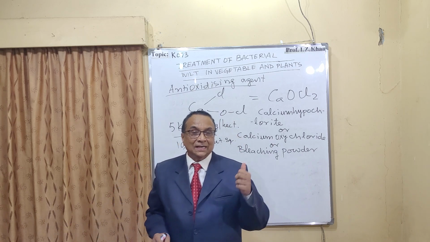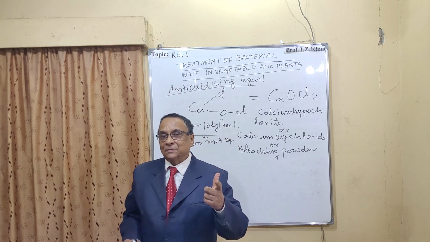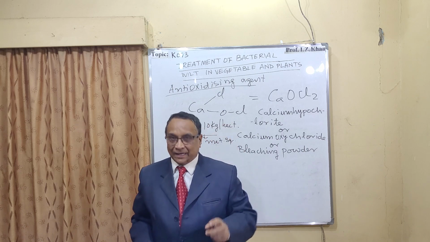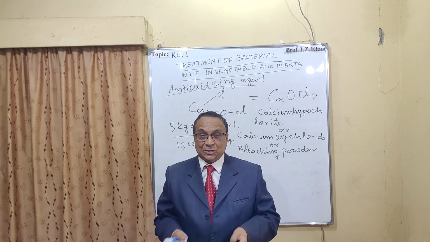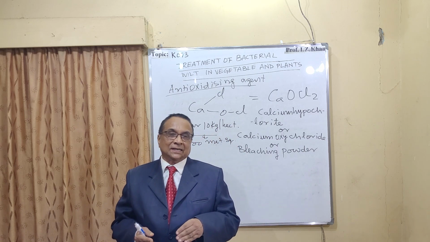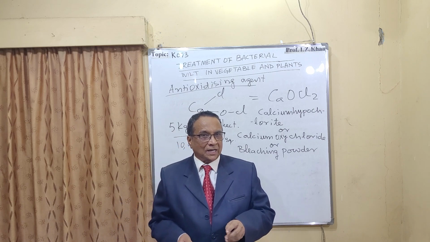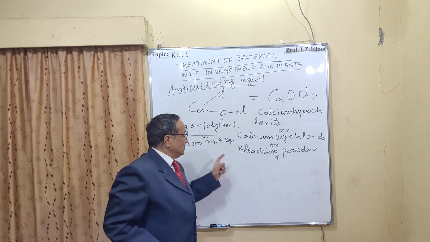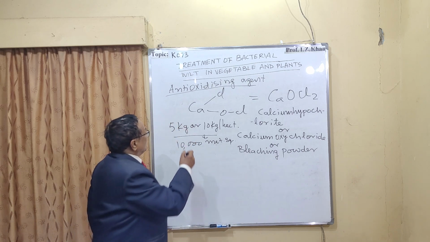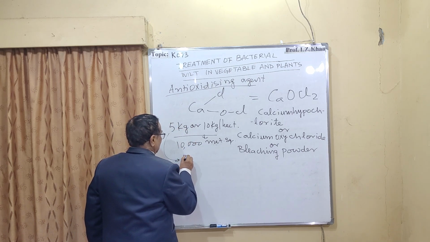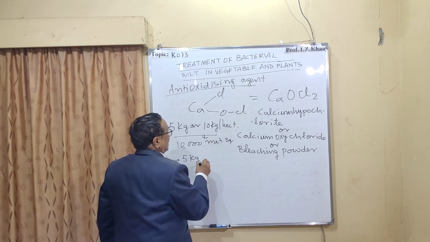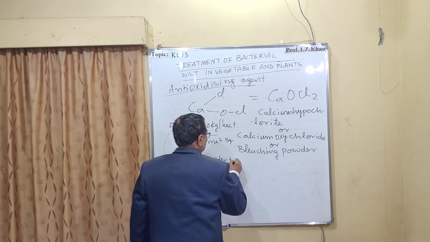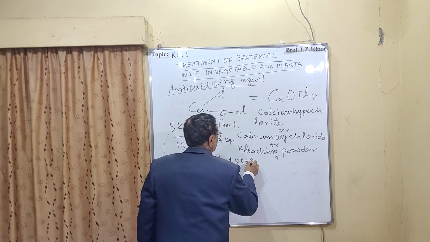You take 5 kilograms of powder and some soil from the same field, because if you spray the powder alone, sometimes it may escape into the air like fly ash. To make sure all the bleaching powder goes to the soil, please mix maybe 10-15 kg of soil with 5 kg of powder, for example 5 kg powder plus 10 kg soil.